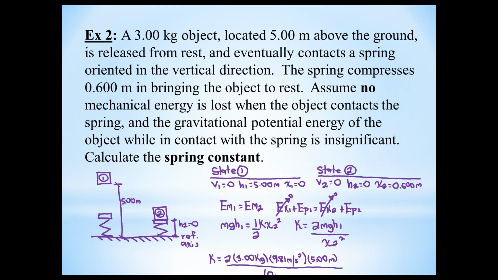So x2 is how much the spring was compressed from its equilibrium position, 0.600 meters squared. And then we're going to get a spring constant that is 818 newtons per meter.